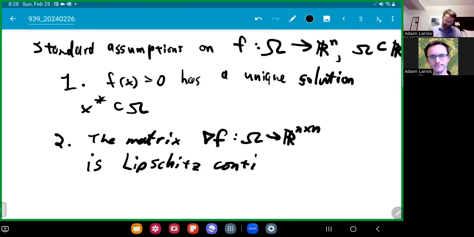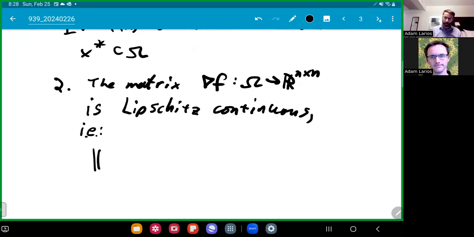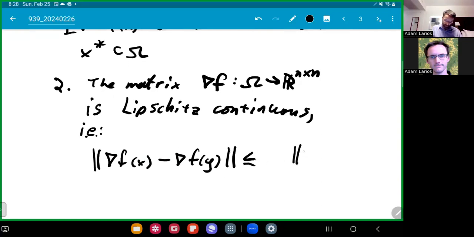And so Lipschitz continuous is a little bit of a stronger condition than continuous. And it just means the following. Lipschitz continuity means that if I take, in this case, some matrix norm, gradient of f evaluated at one point minus gradient of f evaluated at another point, that's bounded above by x minus y times some constant gamma, which is sometimes called the Lipschitz constant. And this is for all x and y in omega.